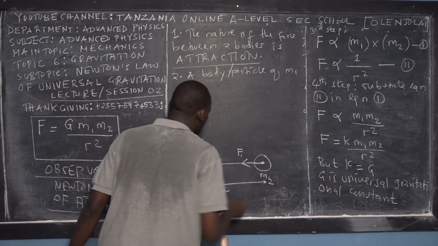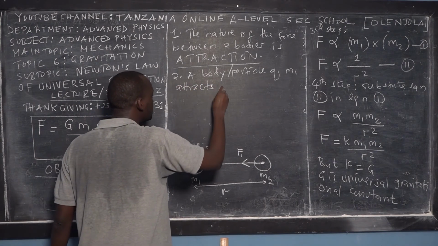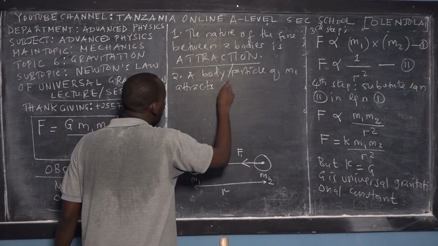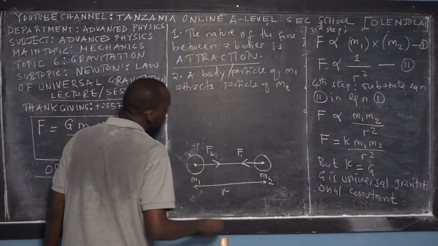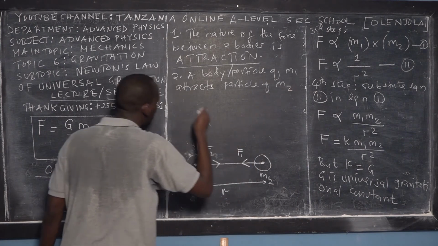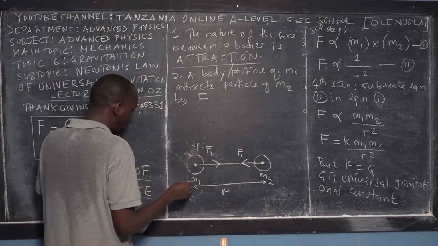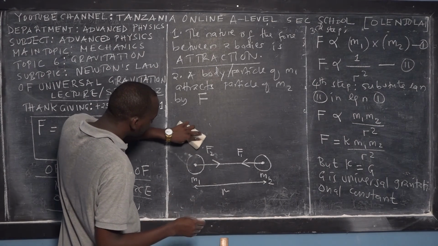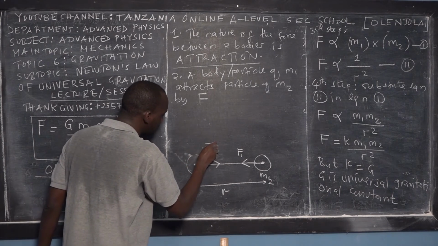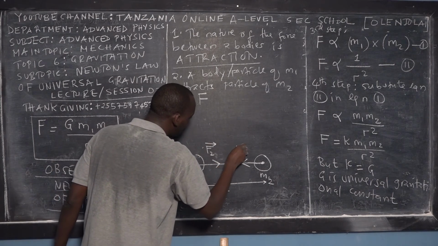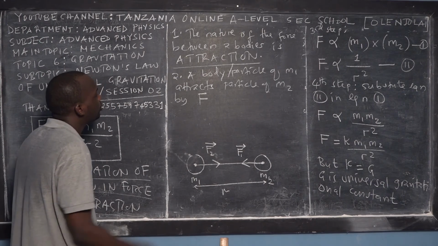Second observation: a body or particle of mass 1 attracts a body or particle of mass 2 by a force. Remember that force is a vector quantity, so it has both magnitude and direction.